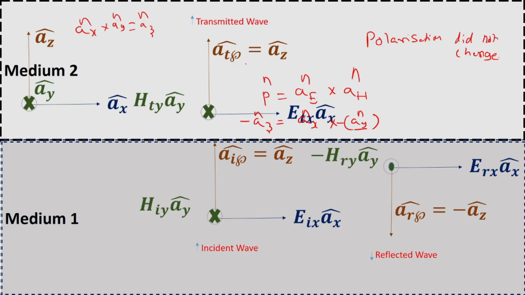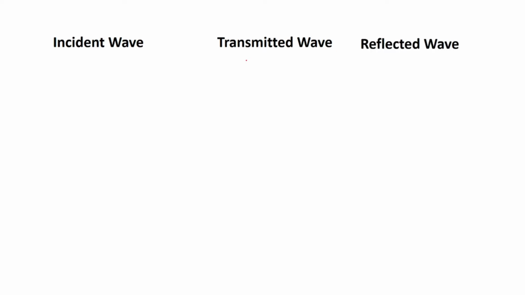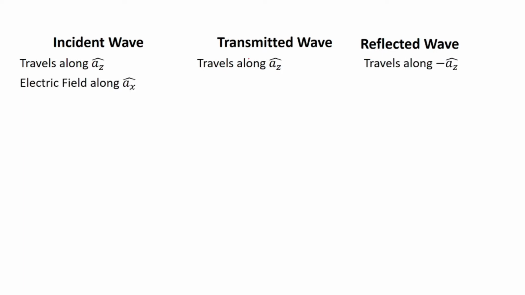Now that we have obtained the directions of electric fields and magnetic fields of all three waves, let us also analyze their phasors. For the incident wave, transmitted wave and reflected wave, the transmitted wave and incident wave are traveling along az cap, and the reflected wave is traveling along minus az cap.